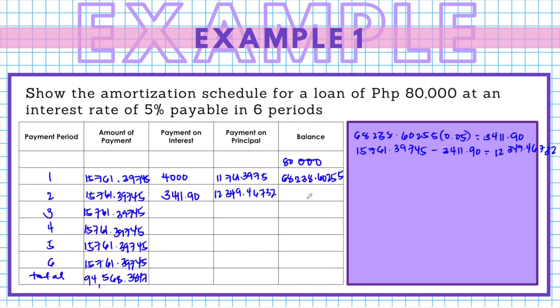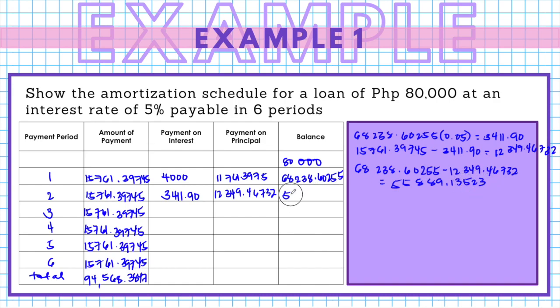As for the balance, we just need to subtract the previous balance, which is 68,238.60255 minus 12,349.46732, which is equal to 55,889.13523.